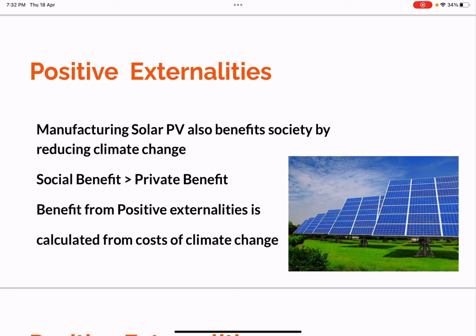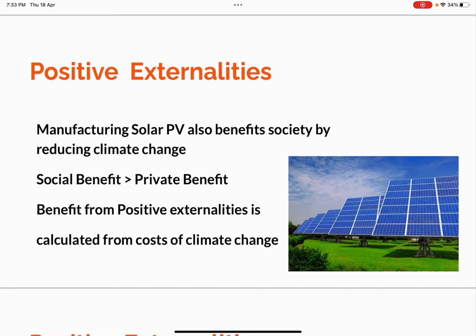For example, if in a country like India or China, people are using more coal based electricity, it is actually impacting adversely on the climate change. So the intervention could be that there has to be a promotion of solar PV, right?